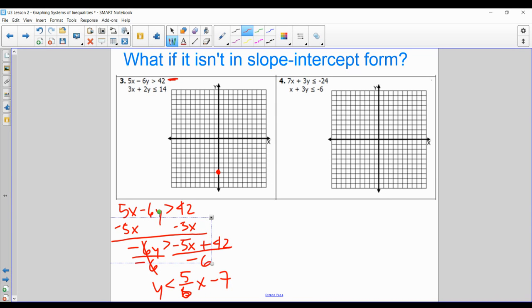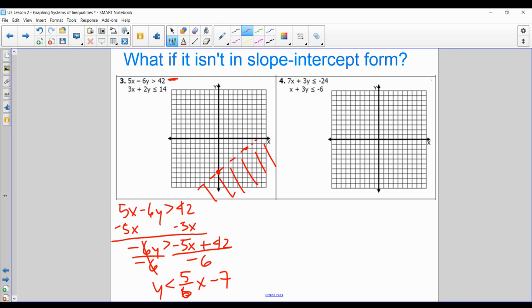I'm going to go up 5 over 6. Because I have a less than, it's going to be a dashed line. And everything below. Less than tells me below.